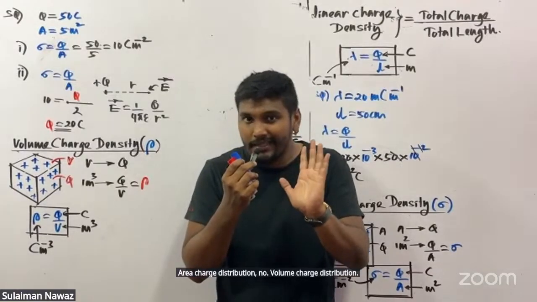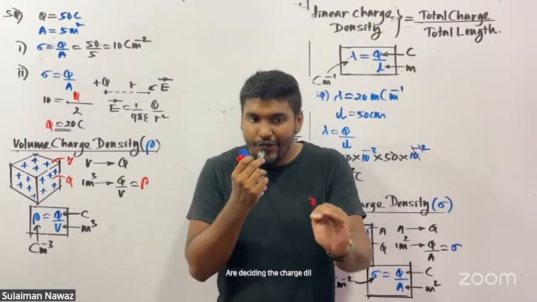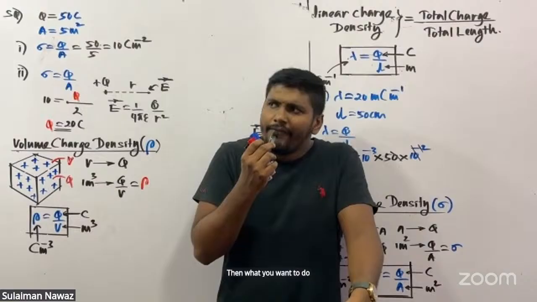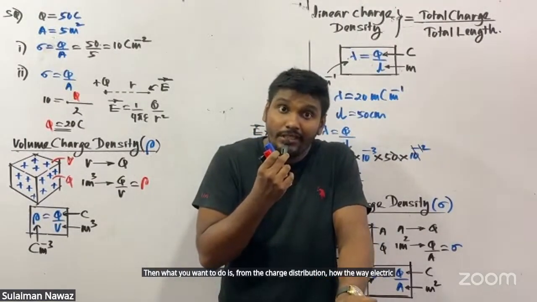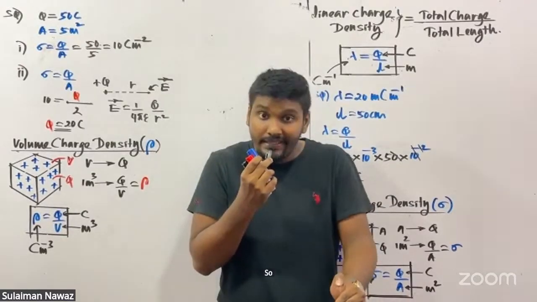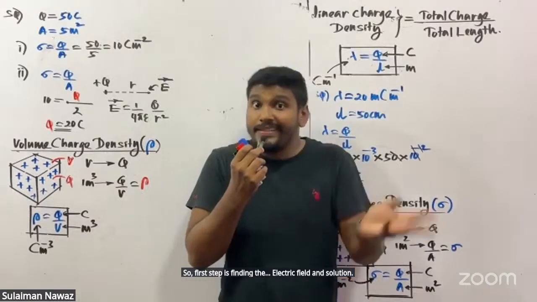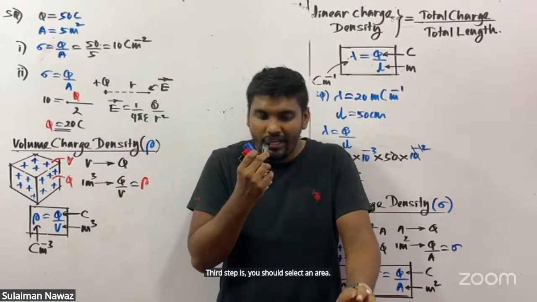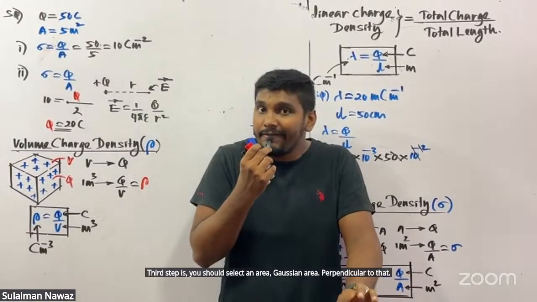First of all, decide that. After deciding that, from the charge distribution, find the way electric field lines are distributed. Second step is find the electric field line distribution. Third step is select a Gaussian area perpendicular to that electric field line distribution.